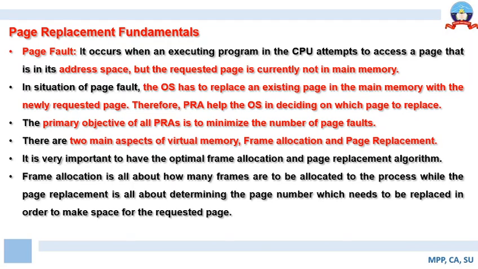Now frame allocation, as I've said, is all about how many frames are to be allocated to a process, while page replacement is all about determining which page in the main memory is to be replaced and when it's to be replaced in order to make space for a requested page.